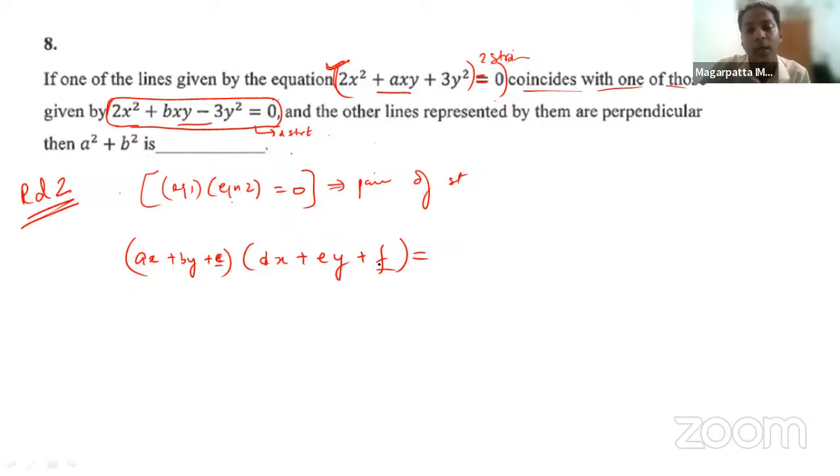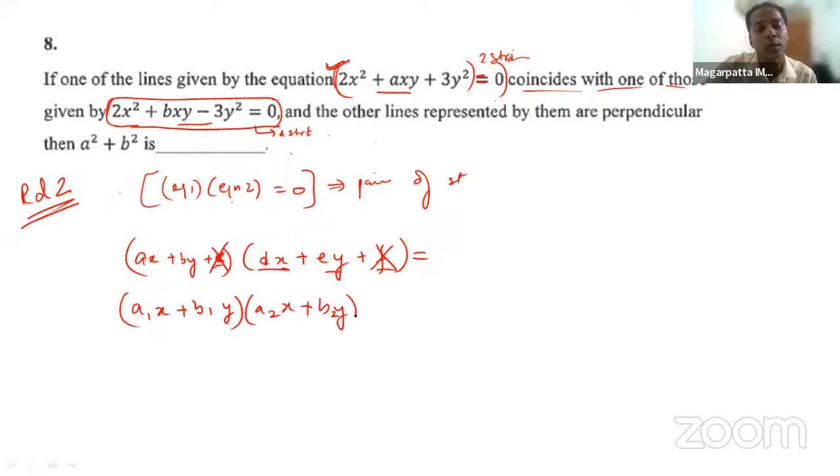But that's not happening. So if one of them does not have a constant term, there'll be c into x and c into y, but there's also no only x term and only y term. It clearly means both the straight lines have no constant term involved in them, and both the straight lines are of the type a1x plus b1y equal to 0 and a2x plus b2y equal to 0.